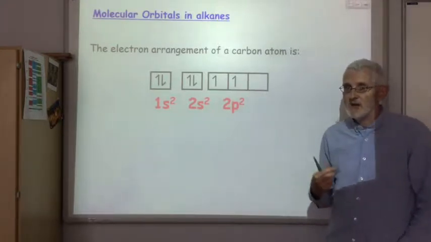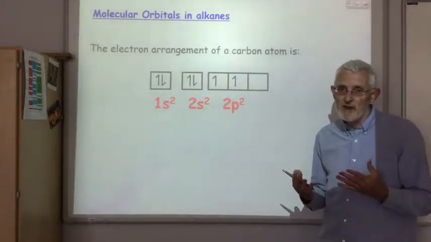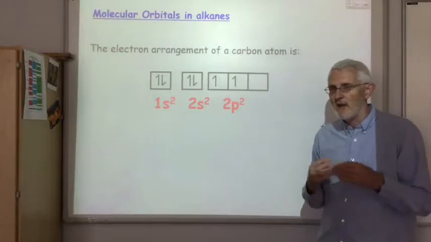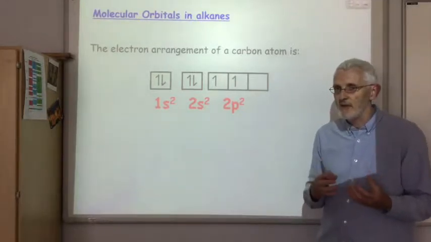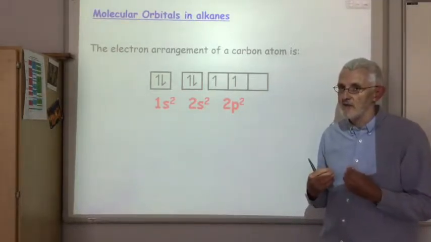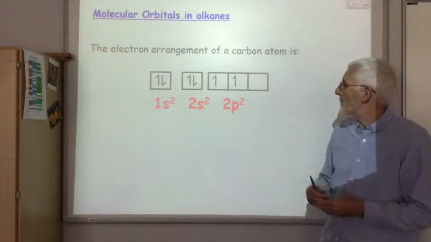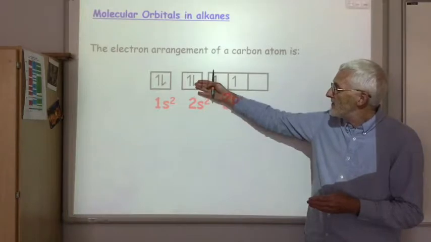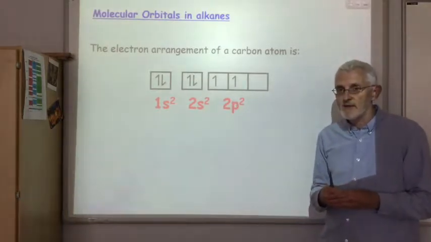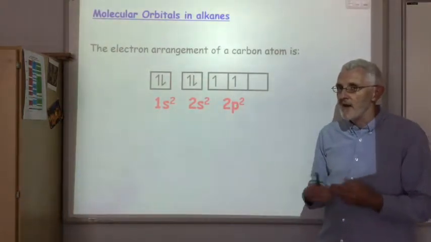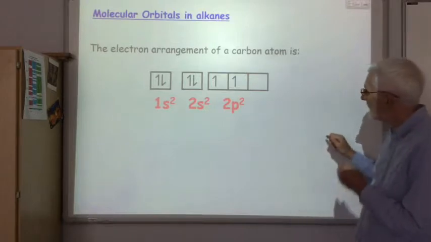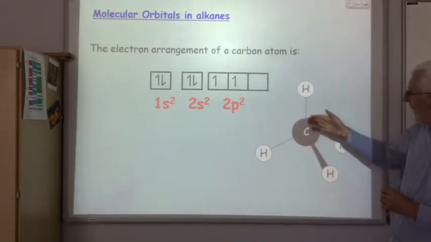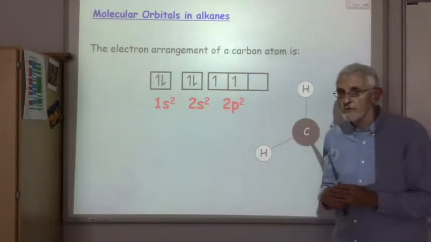So this might suggest that, imagine you've got methane and this carbon's bonding with 4 different hydrogens, that the molecular orbitals would be different depending on whether it was a hydrogen bonding with one of the p electrons or a hydrogen bonding with one of the s electrons. But in fact, that's not what we find. We find that all 4 of the molecular orbitals are identical.